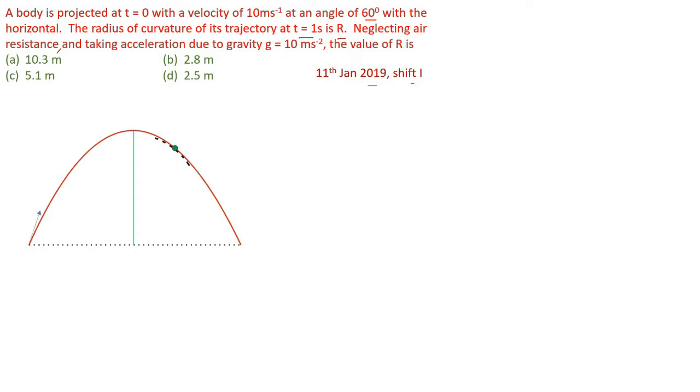This is the velocity of projection, 10 meter per second. You can resolve this into two components. This angle is the angle of projection, 60 degree. This is the horizontal component of the initial velocity. So we can find ux and uy.